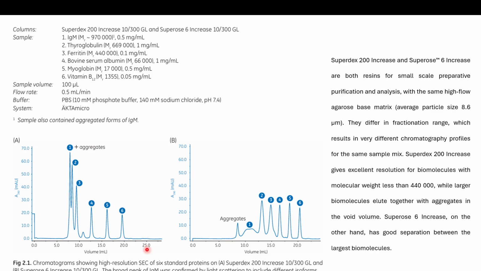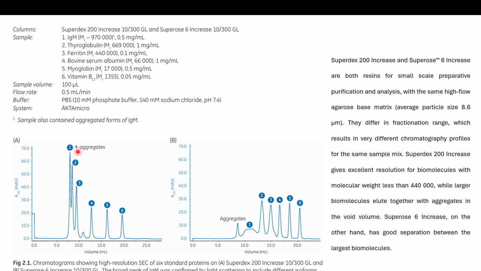a mixture of proteins is passed through a particular column A, which is here. Suppose this is the column Superdex 200 that we are talking about. Now a mixture of biomolecules is loaded and passed through this SEC column. You see here the numbering 1, 2, 3, 4, 5, 6.